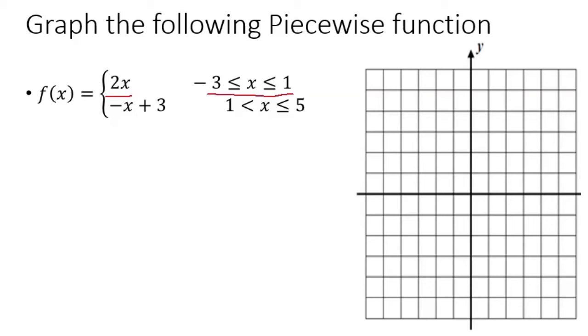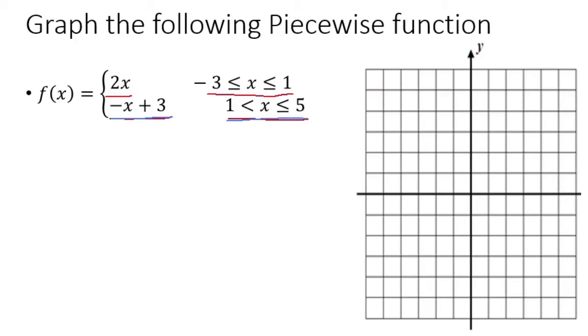And then the second piece is -x plus 3, and it belongs to a restricted domain. It's for every x greater than 1 and less than or equal to 5. So I'm going to use the blue color for the second piece.